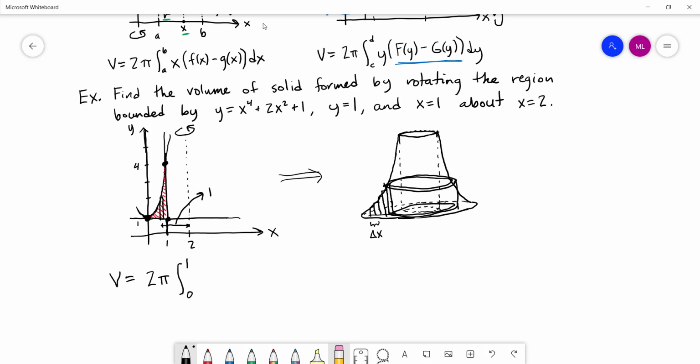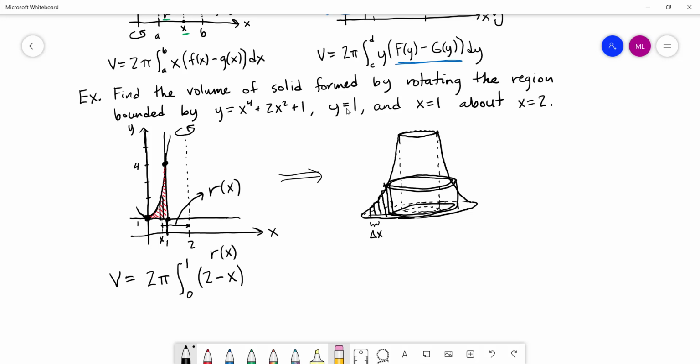That is going to be my radius, my r of x. And what is the distance? Well, if I'm looking at this particular rectangle that has a coordinate of x, how far is this rectangle at x to the axis of rotation, which is at 2? The distance is just 2 minus x.